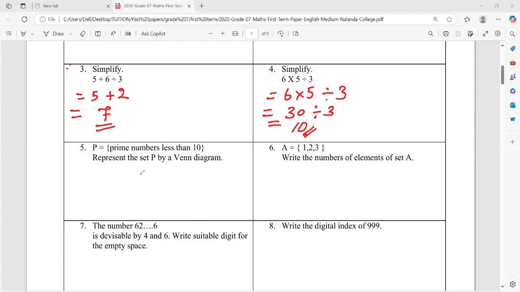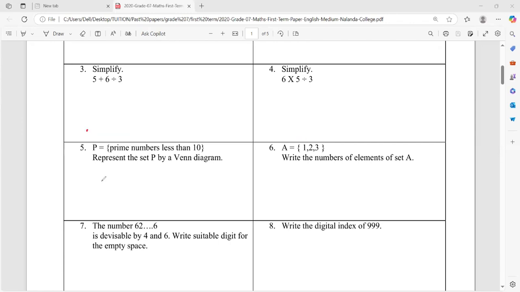So P, prime numbers less than 10, represent the set P by a Venn diagram. So if it is a Venn diagram, you need to draw a circle and write P. This is the same name. Give the name to the set and then write the elements in that. So 2, 3, 5, and 7 are the prime numbers which are less than 10.